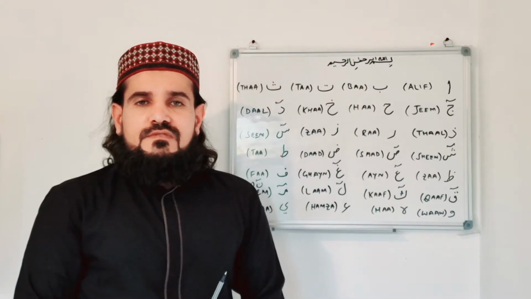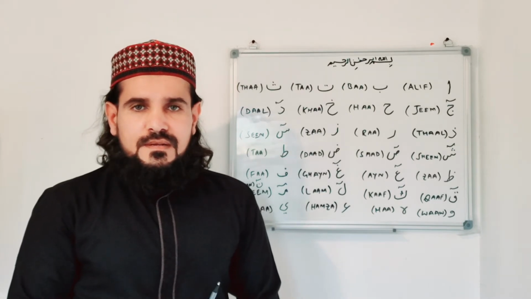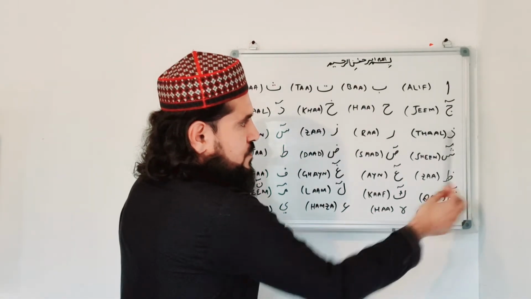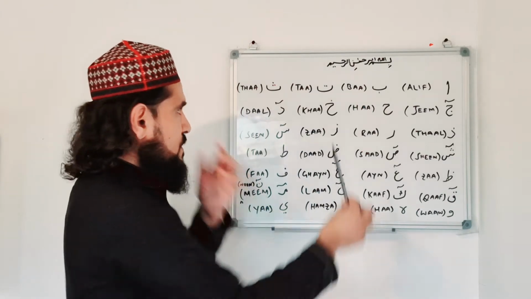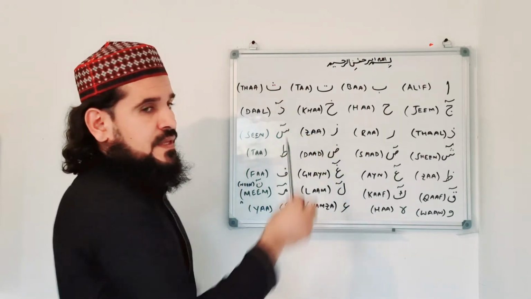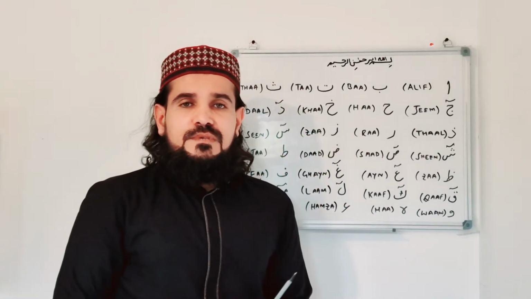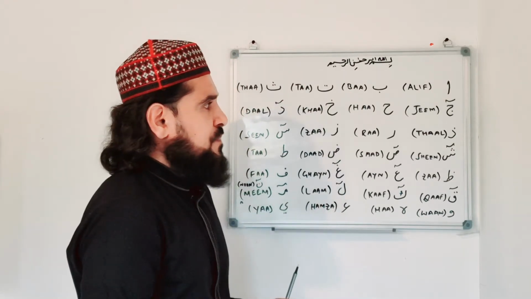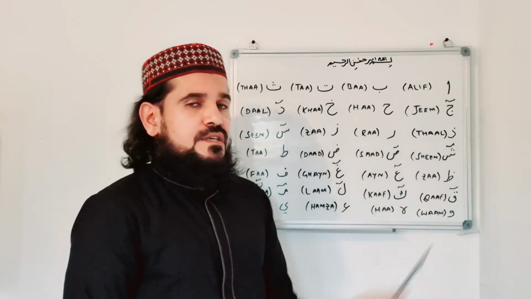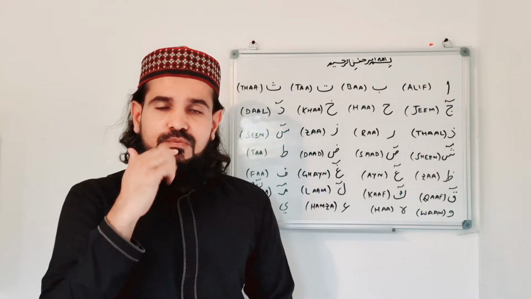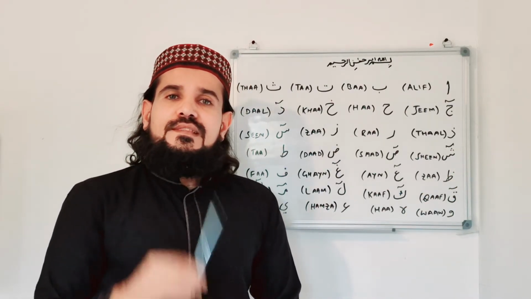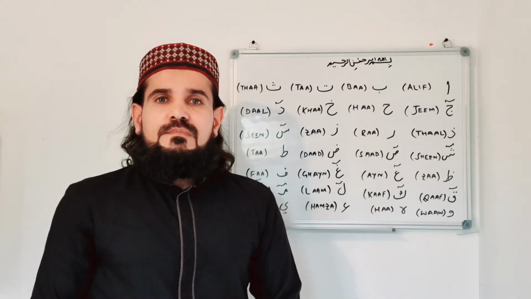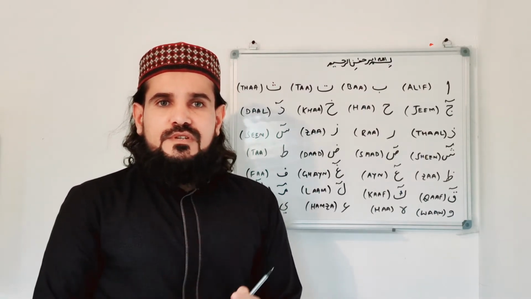So the pronunciation will be Dal. As I mentioned in Tha, that was coming from the tip of your tongue with a bit of air as well. So this Dal again comes from the tip of your tongue. If you put that part under the incisors, that will be the right pronunciation.